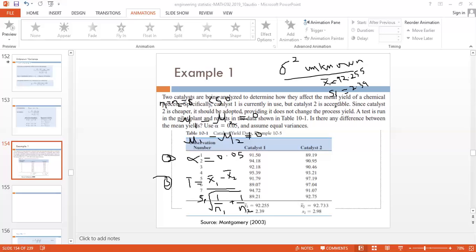Whereas your x2 bar is 92.733. And then the s2 is 2.98. Okay, so let's go back to our page.